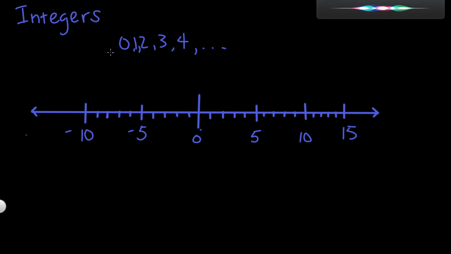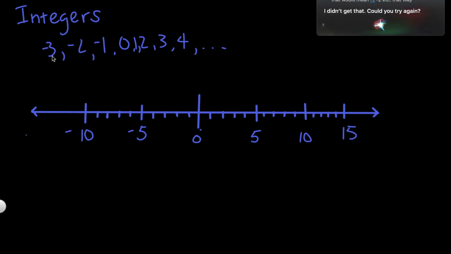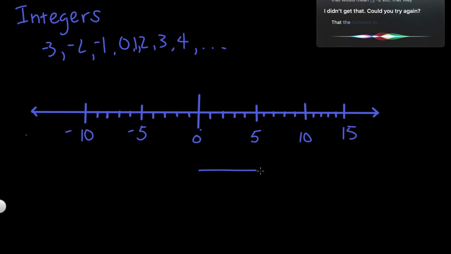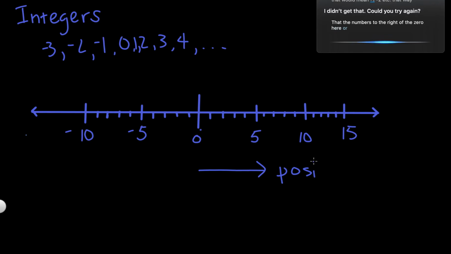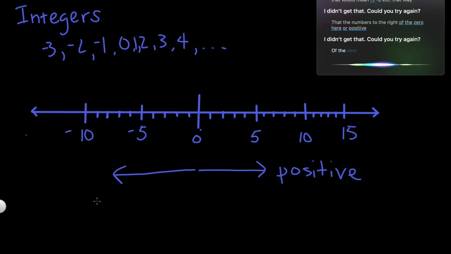So that would mean -1, -2, etc. that way. You can see on the number line that the numbers to the right of the 0 here are positive, and the numbers to the left of the 0 are negative.